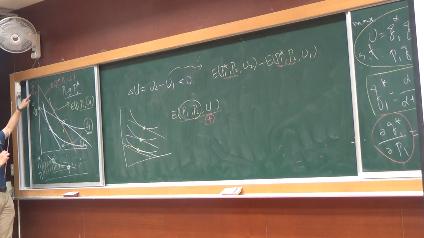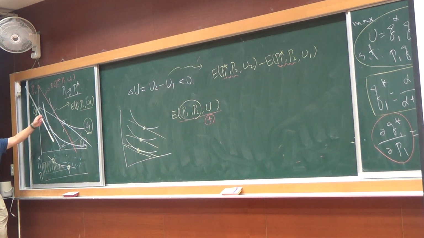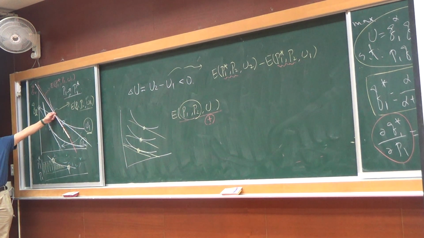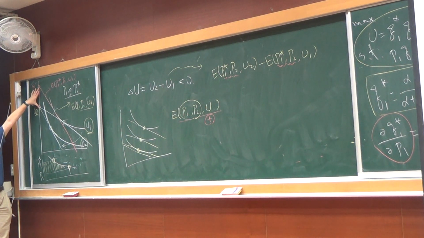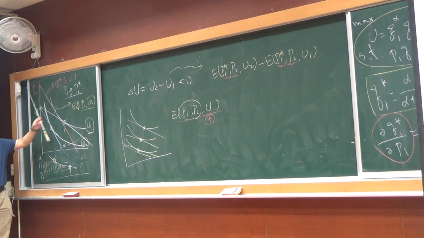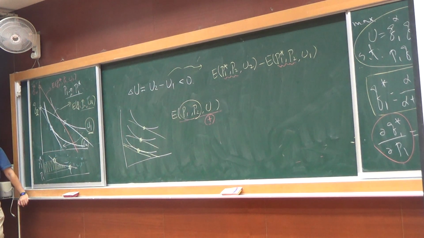Because if you want to buy a higher quantity, you have to pay more. And this times P2 corresponds to this expenditure, right? And so vertically it is Q2 prime minus Q2. But for expenditure, we need to multiply by P2 so that it converts to expenditure.